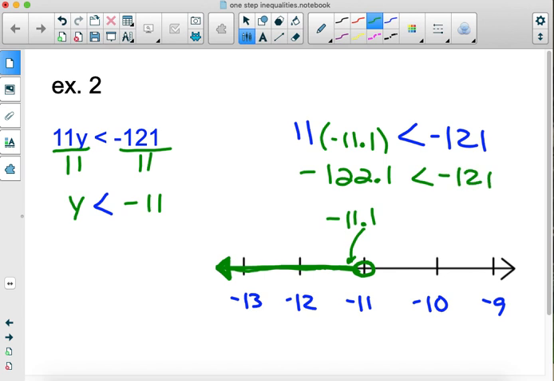Is negative 122.1 less than negative 121? Yes, it is. You'd rather owe somebody less, right? Does that answer your question a little bit?